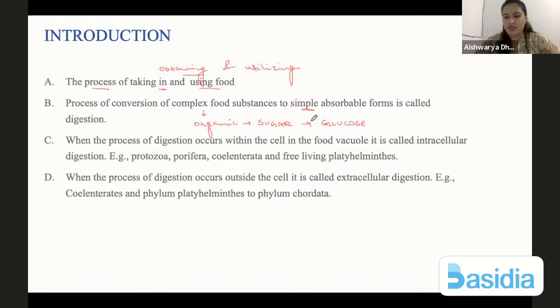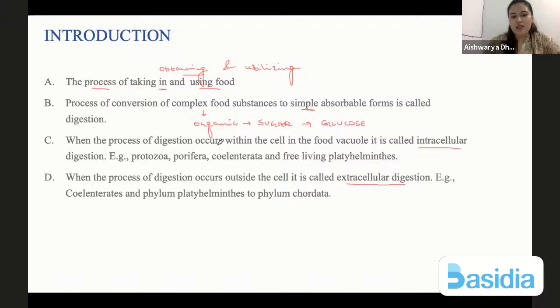All right. Now, there are two types of digestion. One is intracellular digestion and the other one is extracellular digestion. Okay. Now, understand this. Intracellular means inside the cell. So that means digestion that is occurring within a cell. All right.